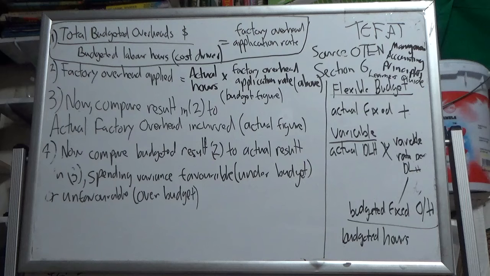You add it to fixed costs and find that, and then now you're comparing it with factory overhead applied, which is actual hours multiplied by that other rate we found, which is budgeted fixed factory overhead divided by budgeted direct labour hours, right? And then you compare the two total costs, and if the capacity variance, define the difference.